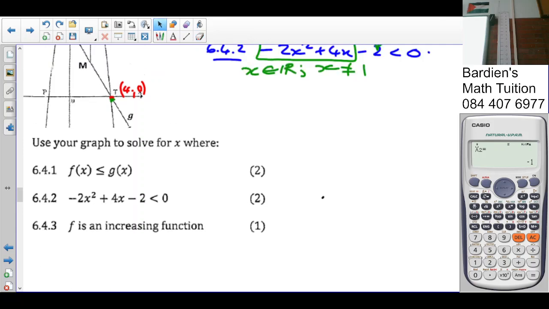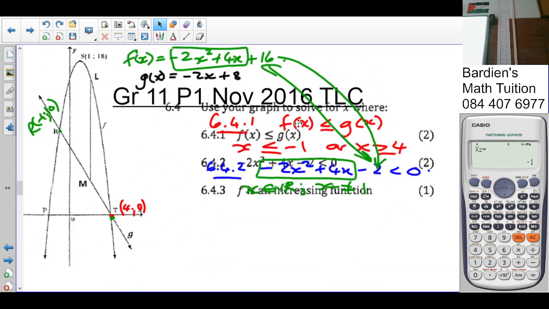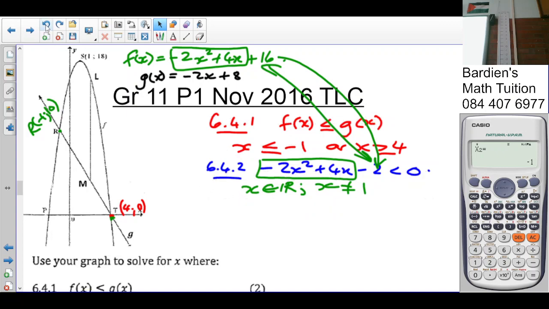Okay, the next question says 6.3, f is an increasing function. (6.4.3) People, on this side of the graph, is this graph increasing or decreasing?